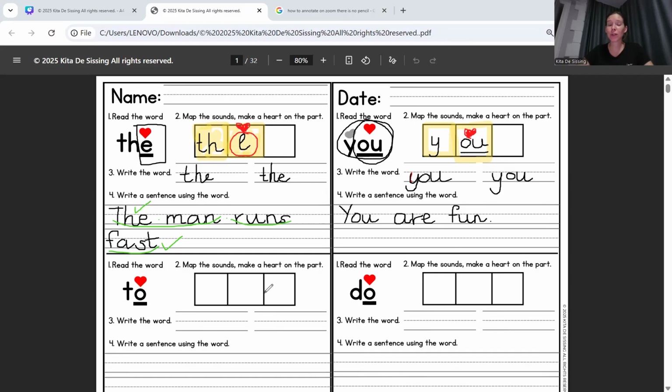Two. So we know that T says t, very easy, but now we've got ooh. Oh my goodness. Do you see that we spelt the ooh in you with an OU? Let's get a nice blue. Do you see we spelled the ooh in you with an OU?